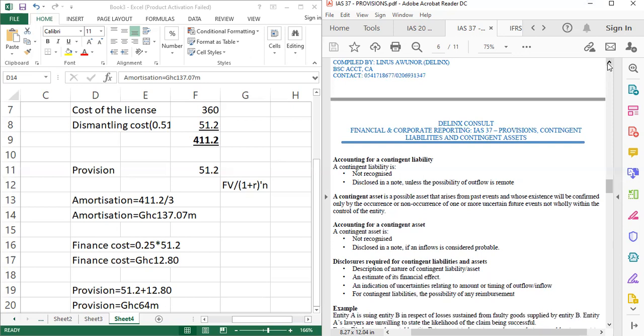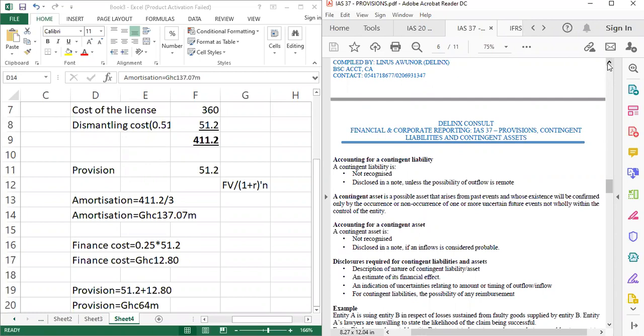But if it is a contingent asset, although someone is going to pay you, like an insurance claim, you have an insurance policy and you have been involved in an accident, that is the proximate cost of the insurance, and they are going to pay you. Even if the insurance company says that they are going to pay you, this one, don't make provision for it. If you receive the money, fine. If it's an asset, we don't really care about it like that.